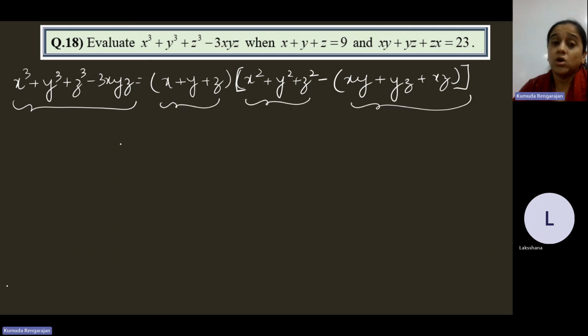Which expression has to be evaluated? The first one. This is to evaluate.